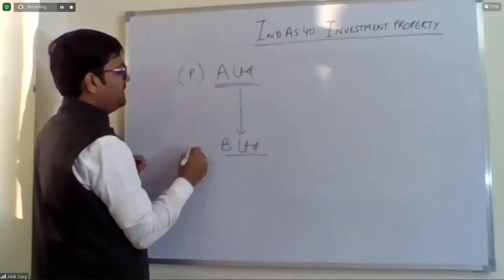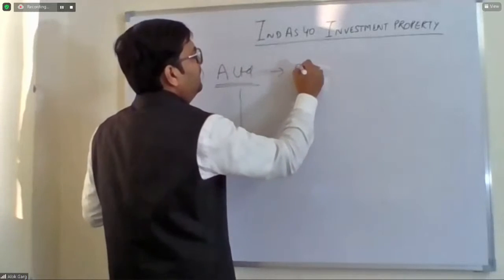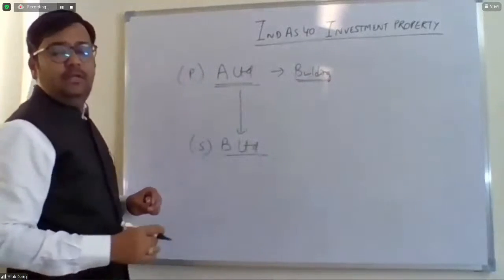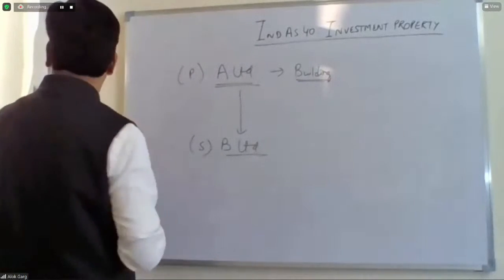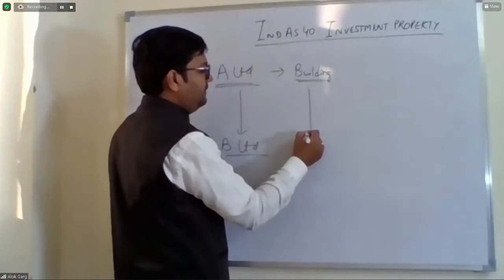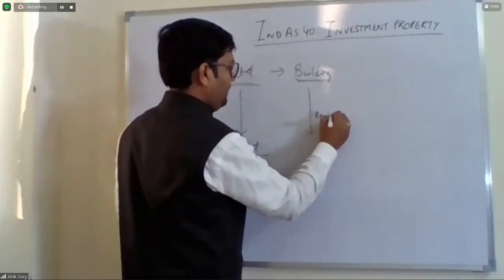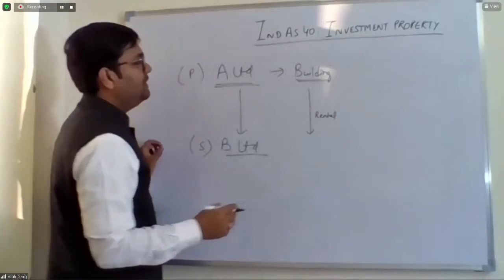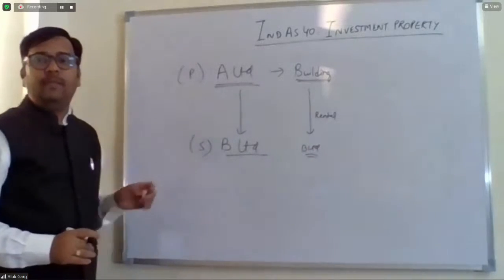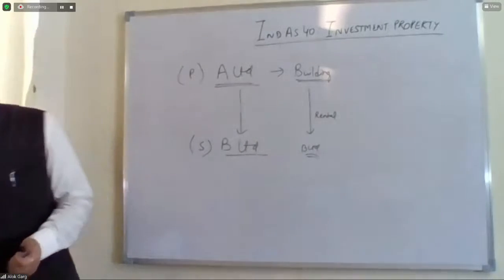A Limited owns a building, and A Limited has given this building to B Limited on a rent basis. A Limited has leased out this building to B Limited on a rental basis.